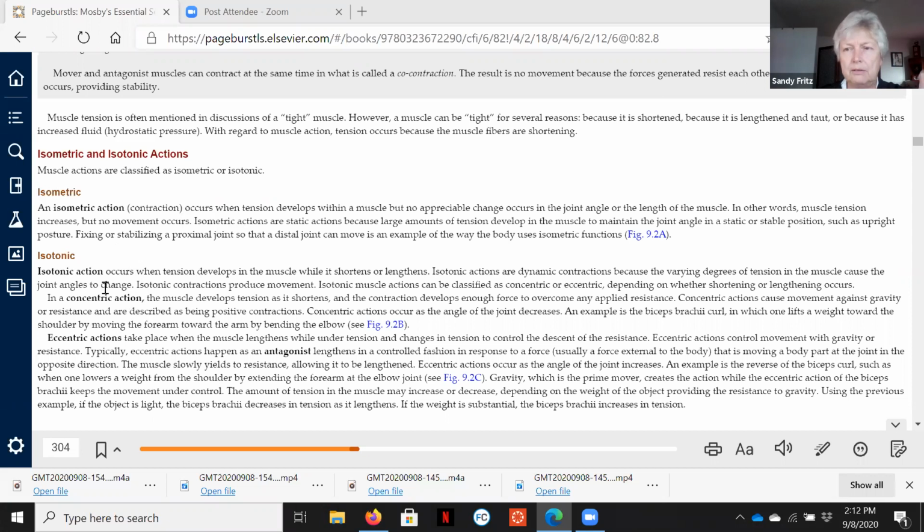But if I can do an action that's isotonic, you're going to see something. So I can clench my teeth, and there's no real action there. Or I can open and close my mouth, and those would be more isotonic.